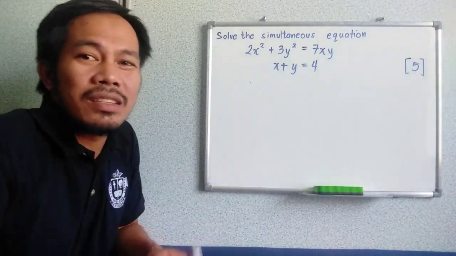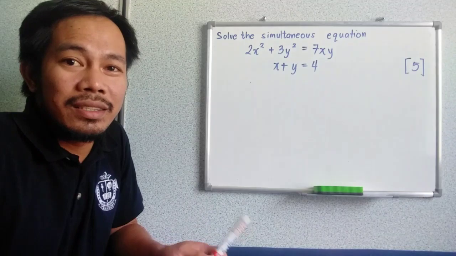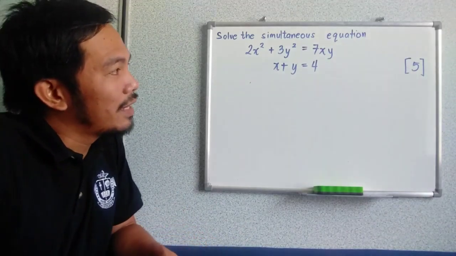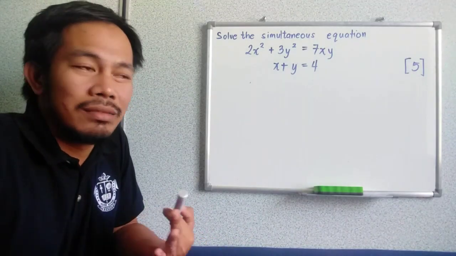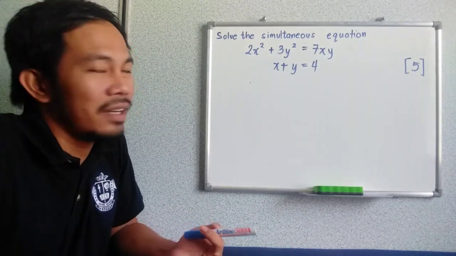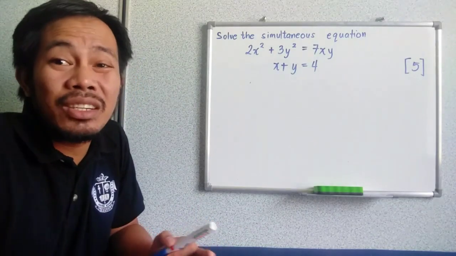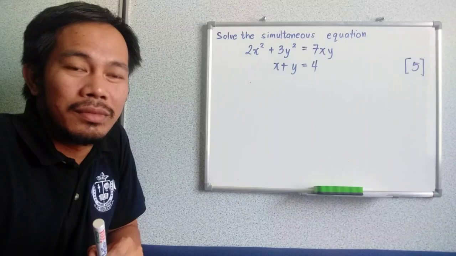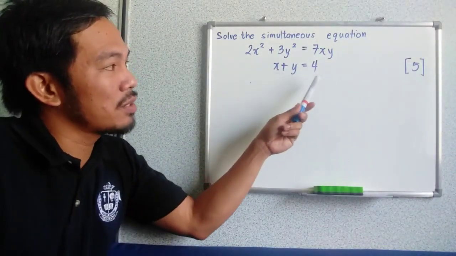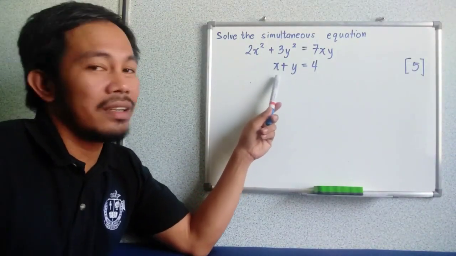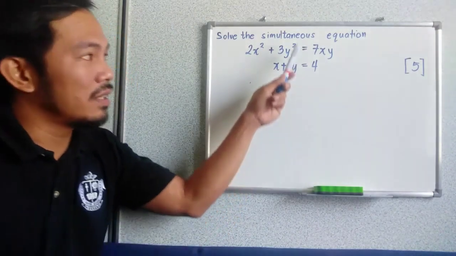Okay, what's the first thing that you need to do with this? You have to get the easier or simpler equation and isolate one variable. For example, x + y = 4 is the simpler equation within these 2 equations.